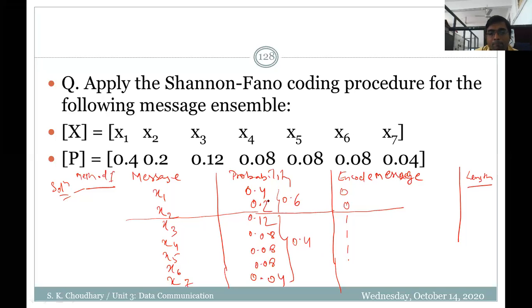In the next step there is again a chance of partition, so we do the further partition, again 0 and 1, and similarly for the next partition.